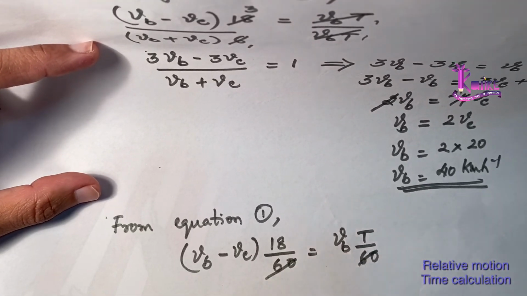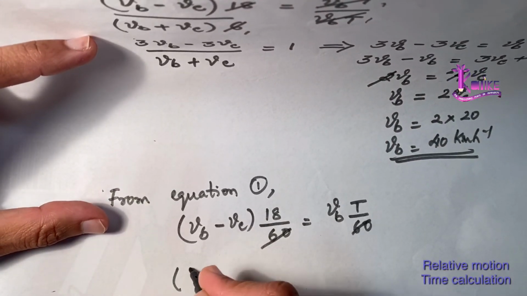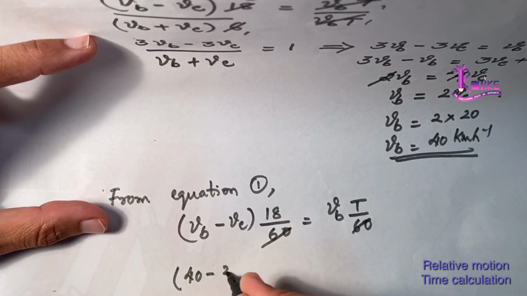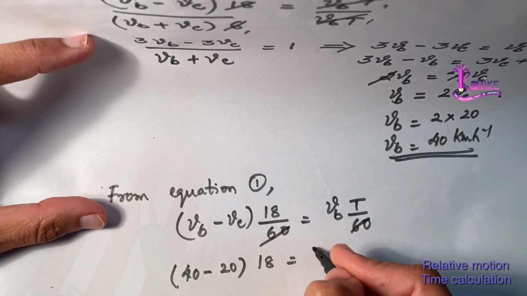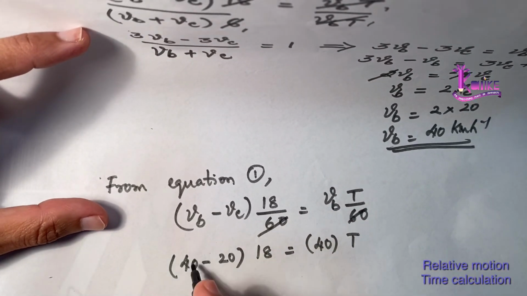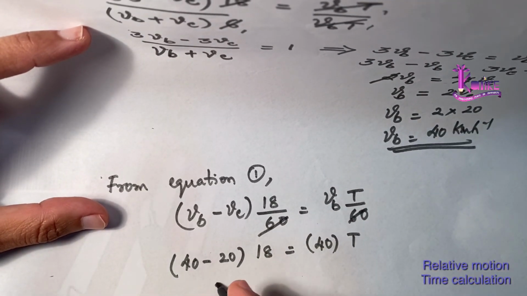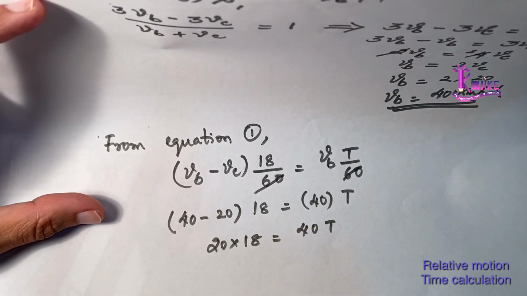So you have 60, 60 getting cancelled. Now we'll substitute the values. We know VB is how much? 40 minus velocity of the cyclist 20, into 18 is equal to velocity of the buses 40 into T. And therefore 40 minus 20 is 20. 20 into 18 is equal to 40 into T, right?